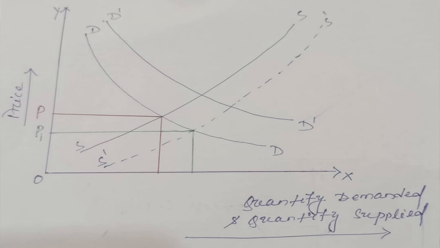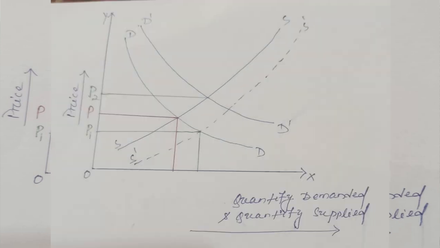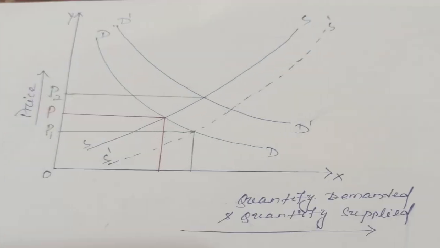Similarly, with the supply curve remaining the same, if the demand curve shifts rightward, which takes place when, price remaining constant, any of the other determinants increases, then the rightward shift in the demand curve will lead to an increase in price because the demand is greater than supply.